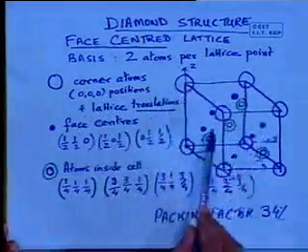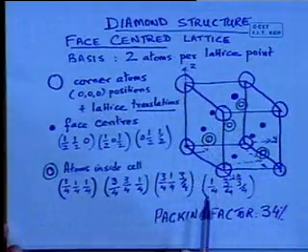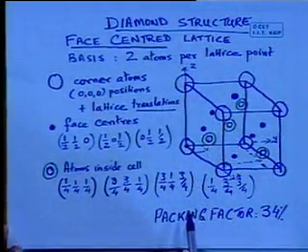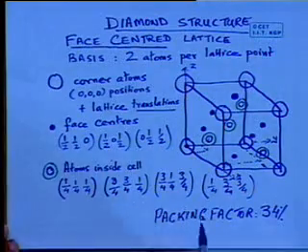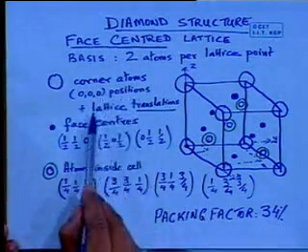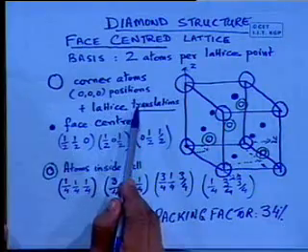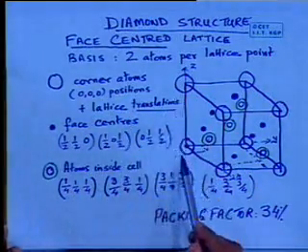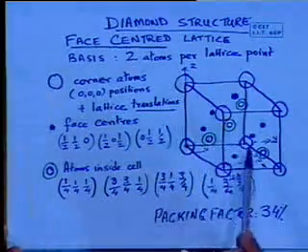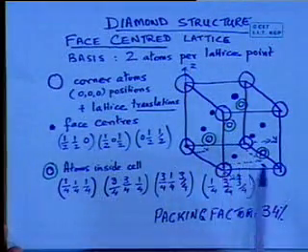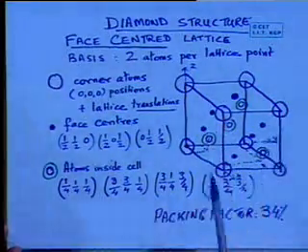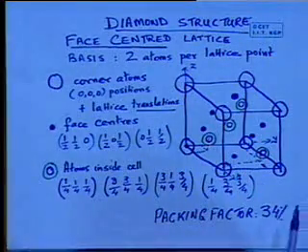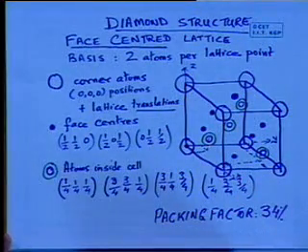Actually, all the corner atoms, in fact, can be denoted simply by 0, 0, 0. It's a matter of where we choose the origin. So basically, I wrote that as 0, 0, 0 positions plus lattice translations. If I go 1 lattice constant in any direction, I will reproduce this, this, and this. And then similarly, I can produce the other 3. So all the corner atoms can be referred to as 0, 0, 0.